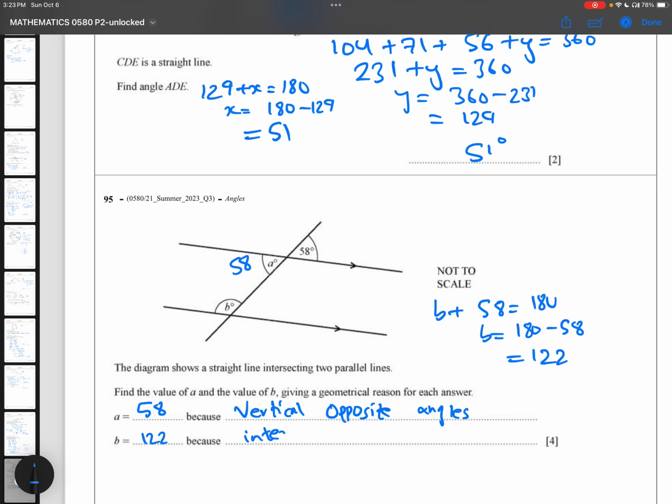Reason: interior angles between parallel lines. Sum of interior angles is 180. I think that's enough.